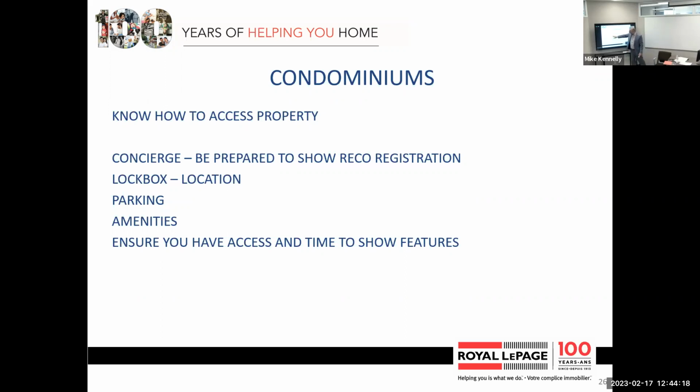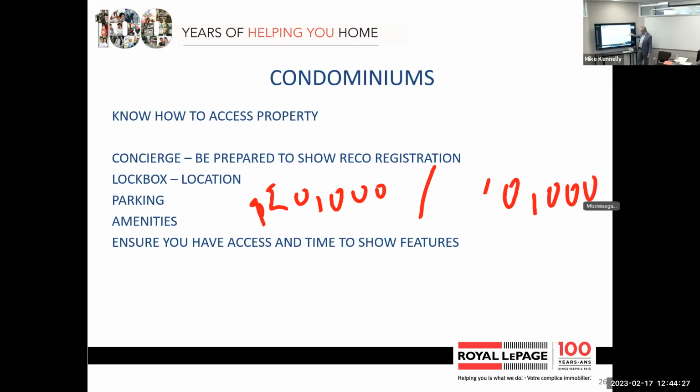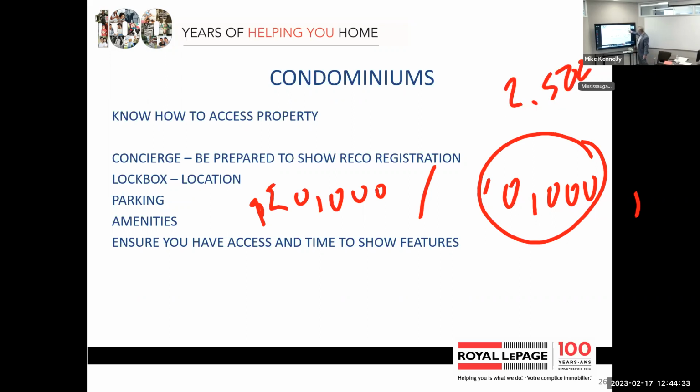So if parking underground is $20,000, if that's what the unit cost, your share is going to be 10 grand or something like that. Now you have a $2,500 deductible through your insurance. So you're paying $2,500 for that, but it's on your record. You don't want it on your record.